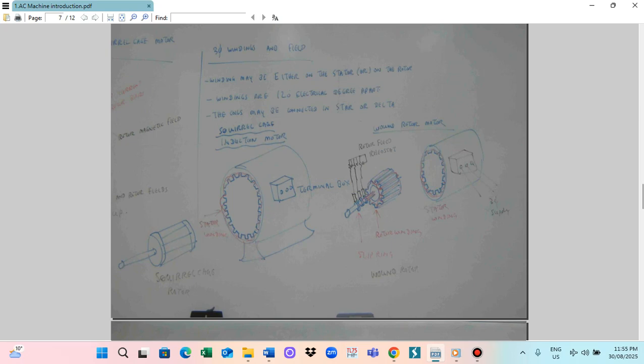This rotor is connected like this, with slip rings. So this is the wound rotor motor. This is the rotor winding, and we put the winding inside like this.